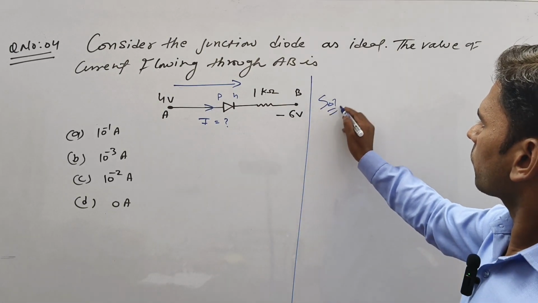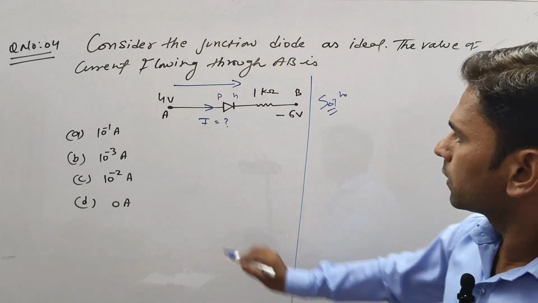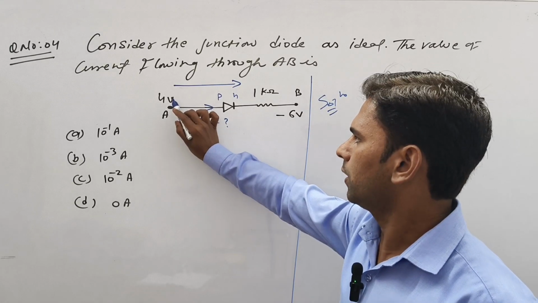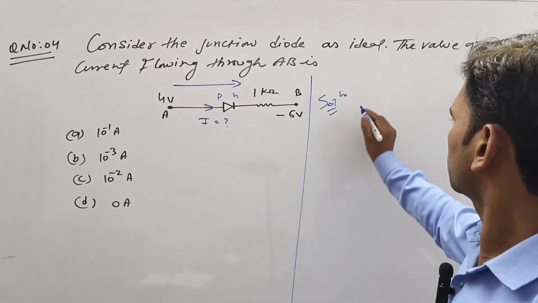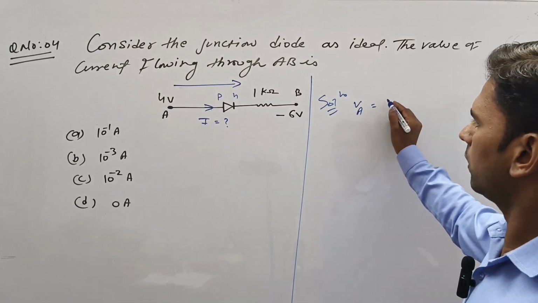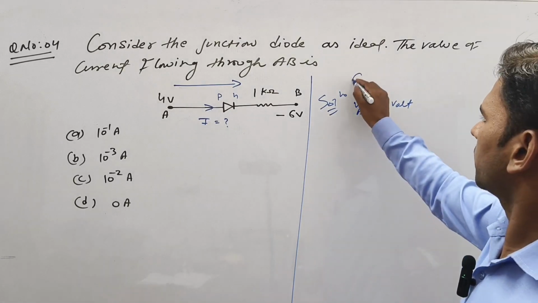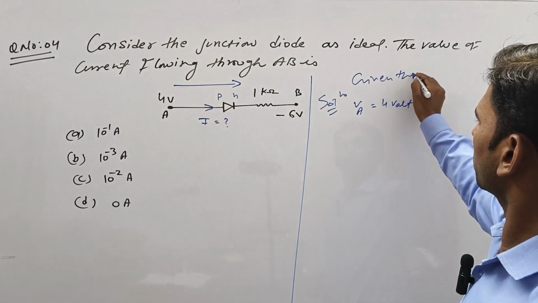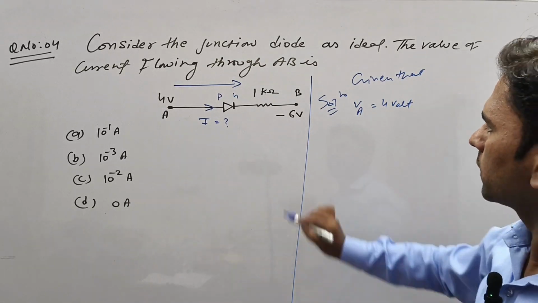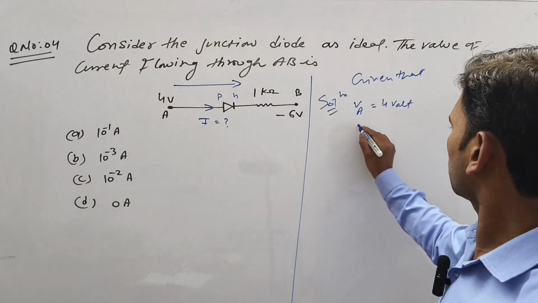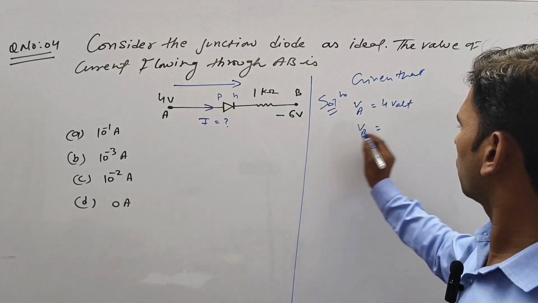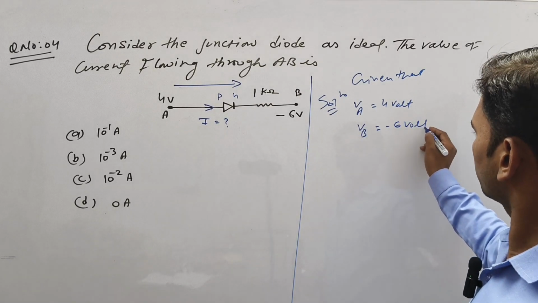Solution. Given that, at this terminal the voltage VA is 4 volt. At the B terminal, the voltage VB is equal to minus 6 volt.